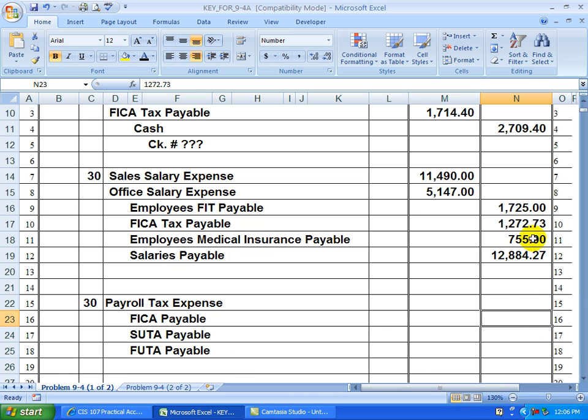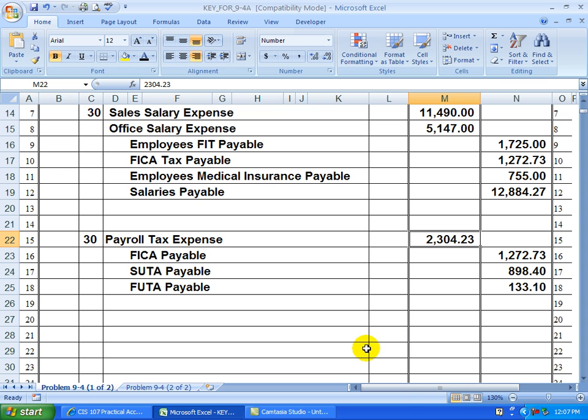So the FICA tax should be roughly the same amount that we have up here. But you always need to do the computations again just to make sure. You would go to the taxable earnings for unemployment and multiply that times 5.4% to get this amount. And the federal unemployment is the taxable unemployment times 0.8%. Once you have these three numbers, you get to write off the sum of those as an expense.